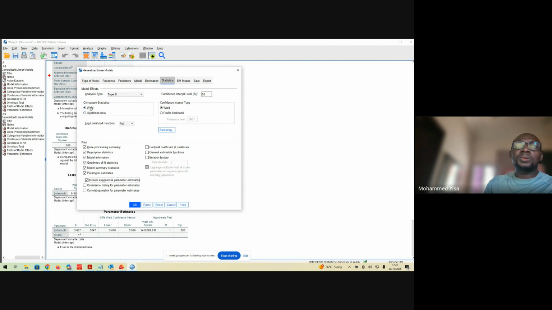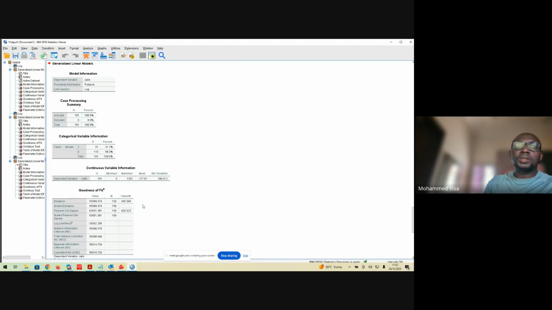In terms of the statistics, also this chi-square statistics, Wald versus likelihood ratio, these are just two different statistical tests that could tell you whether or not your model is statistically significant.